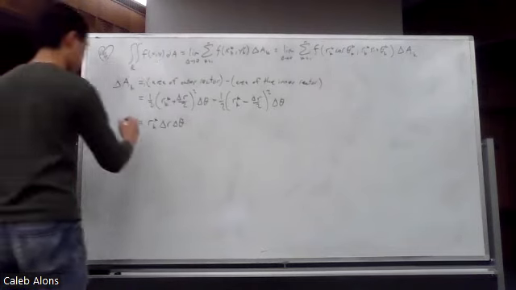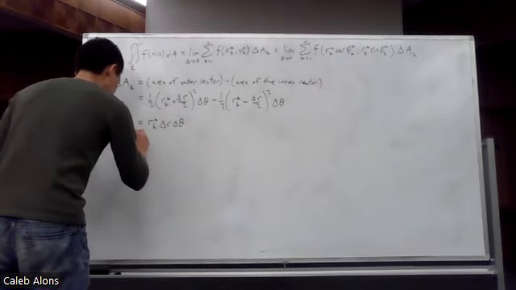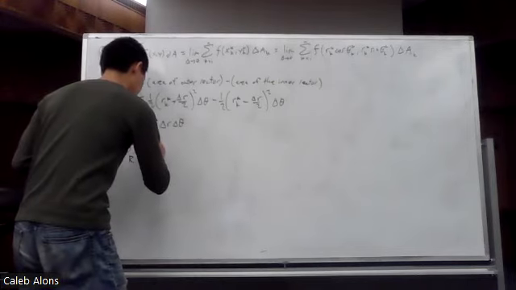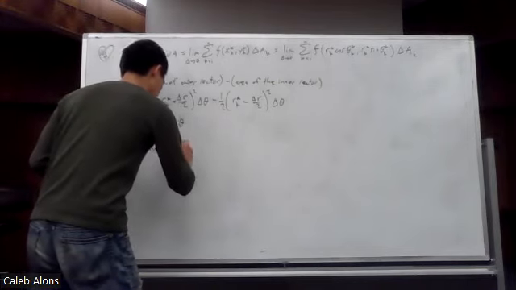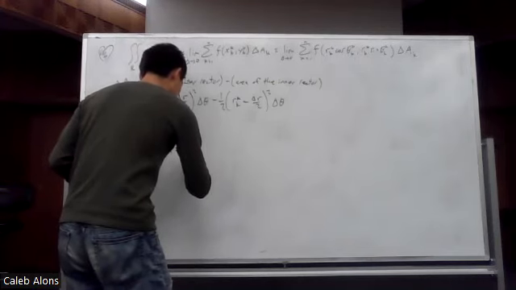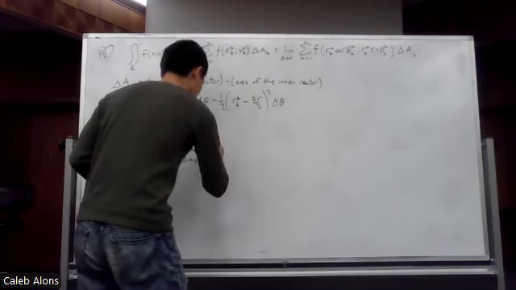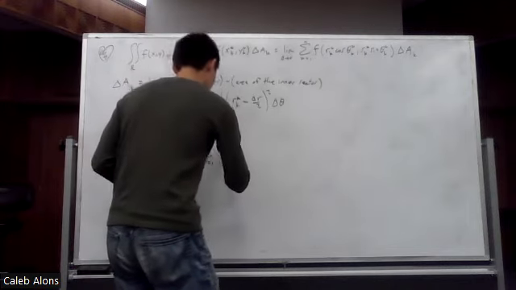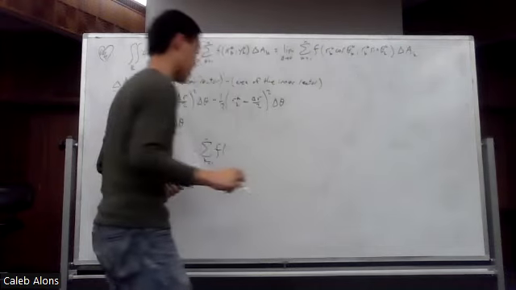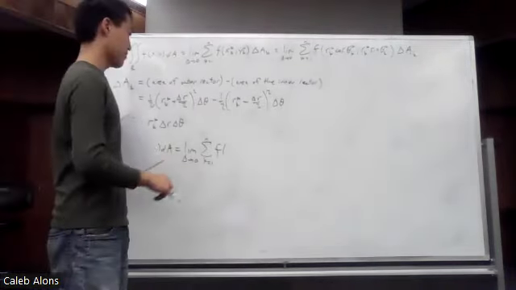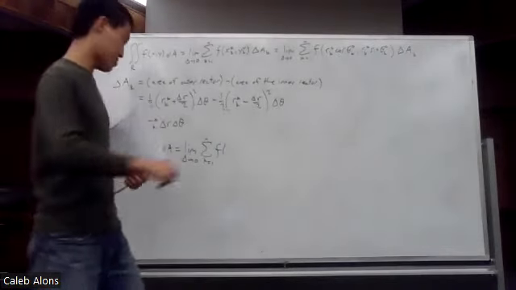So when we plug this back in, the double integral over R of f(x,y) dA is going to be the limit as delta goes to 0 of the sum, k equals 1 to n, of the function in polar again. When you translate x over to polar, it's going to be what? R cosine, yes.